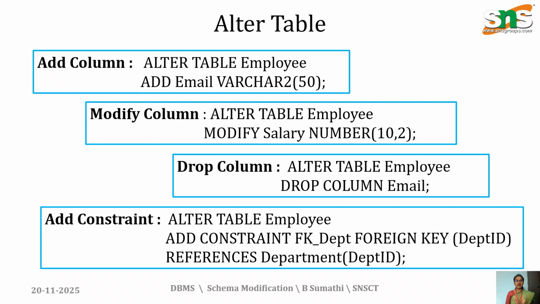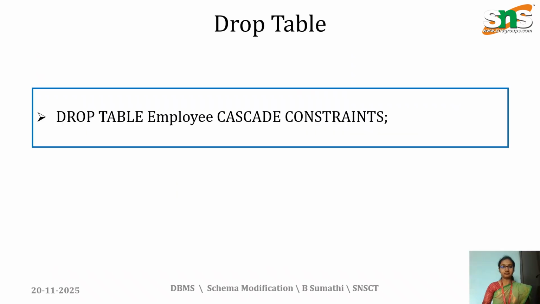So next one is your add constraints. Alter table employee, add constraint, foreign key, that is department, foreign key, references department, department ID. So these are the basic things in your alter table. In alter table, you can add a column, you can modify a column, you can drop a column, and you can add a constraint.